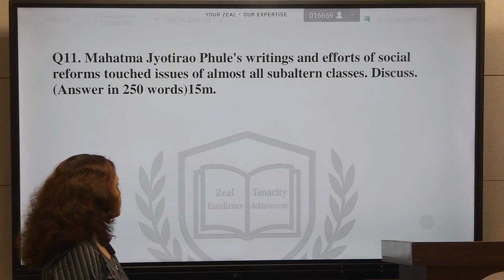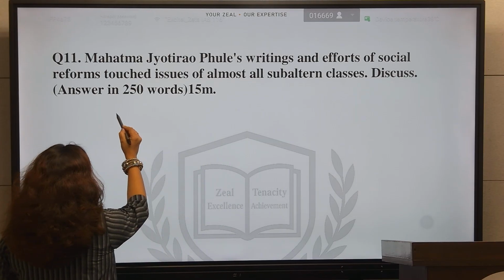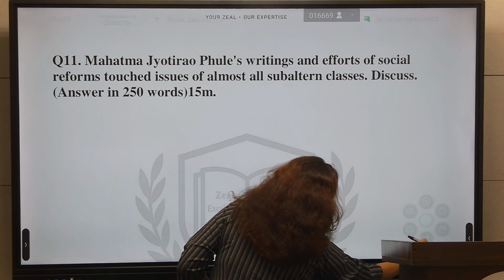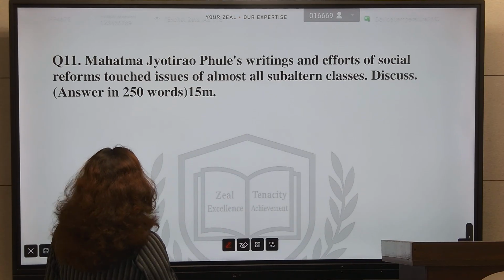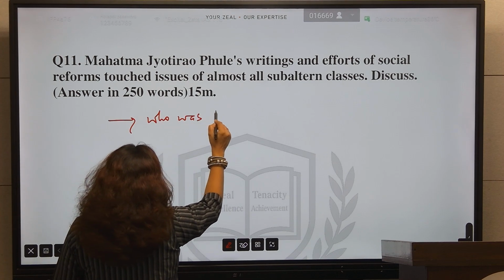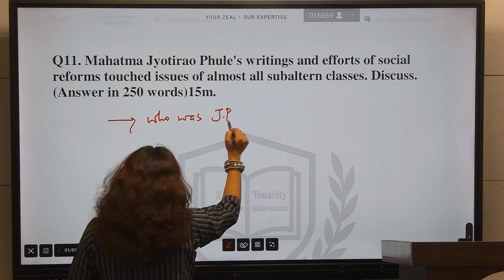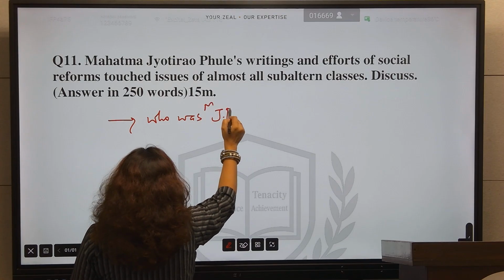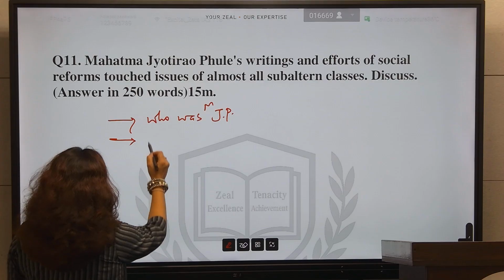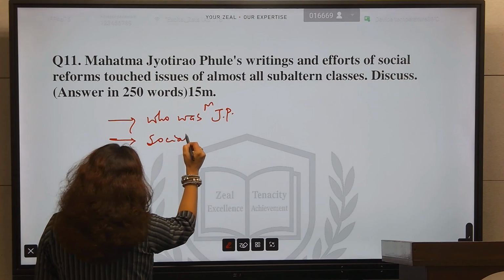As far as the structure of your answer is concerned, first, who was Jyotiba Phule? Mahatma Jyotiba Phule. Then, what were the social conditions at that time?